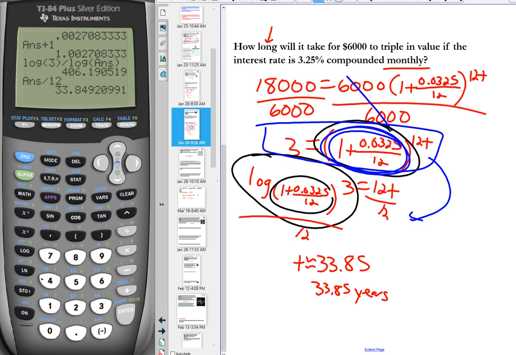And when it fills up the screen, that means that there's a good chance it goes on forever. Like, I don't want to round. Because if I were to round in this step, I still have to do the log, then I have to do the division. The earlier you round, maybe I don't get 33.85, maybe I get 32. Like, even if it's really close, your answer's going to be off.